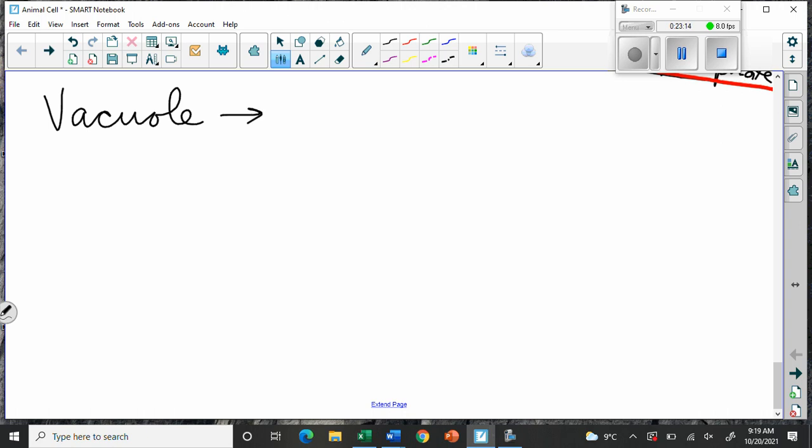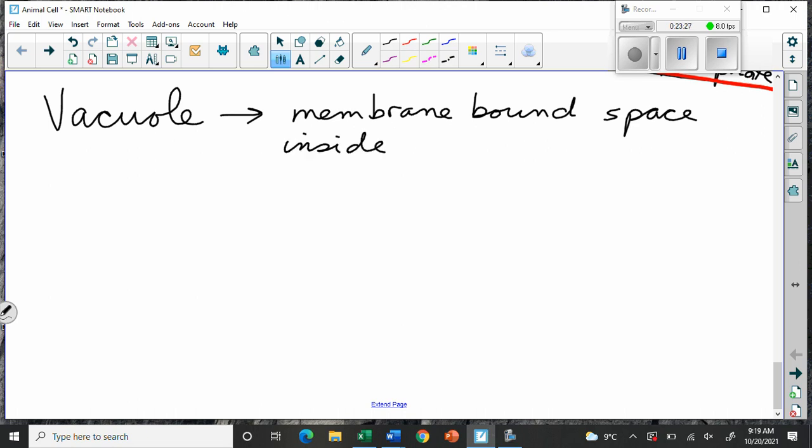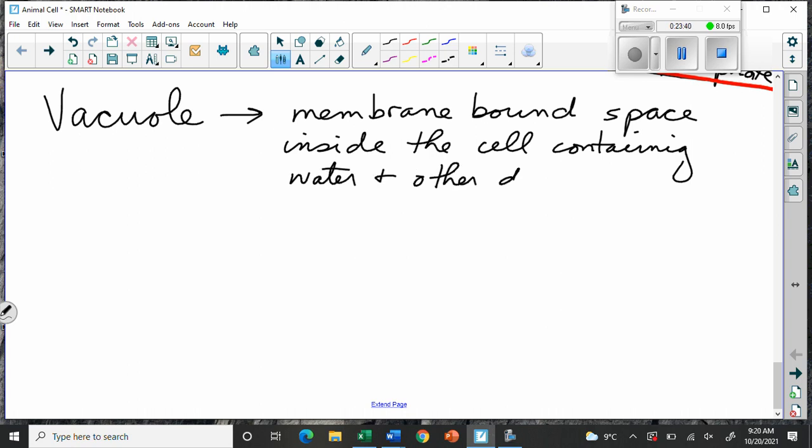So it's a membrane-bound space or bubble or pocket inside the cell containing water and other dissolved molecules. But the vacuoles have many different sort of purposes.